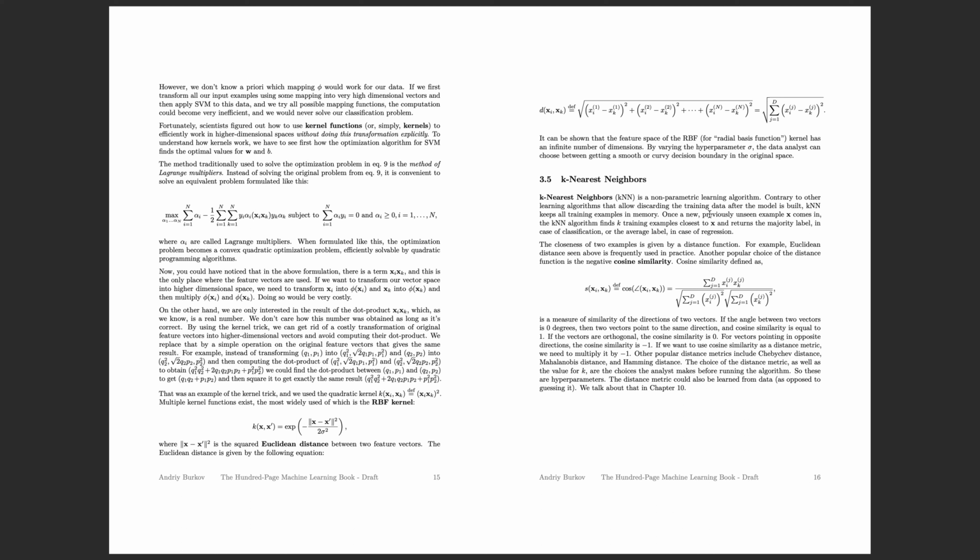But k nearest neighbors keeps the data points in its memory, right? And once a new previously unseen example comes in, it finds which data points are closest to this point, to the x, and returns the majority label of those data points.